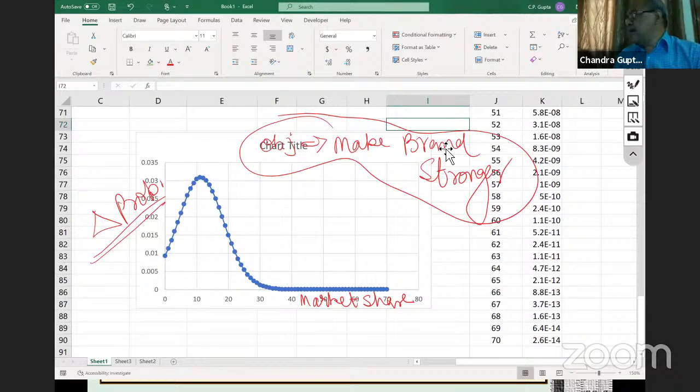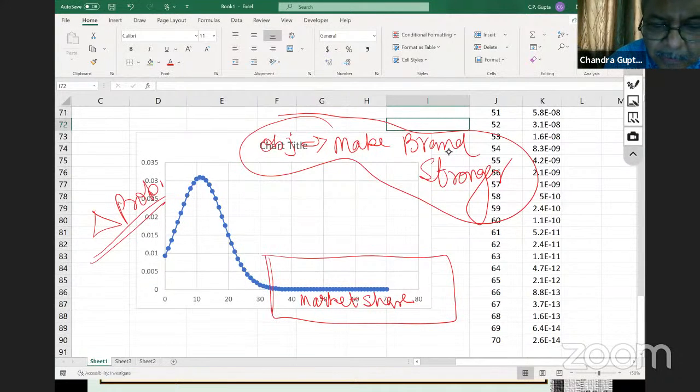After 30, market share, no increase. What does it mean as a management? What does it mean? Dr. Rahman, what does it mean in terms of the policy implication?